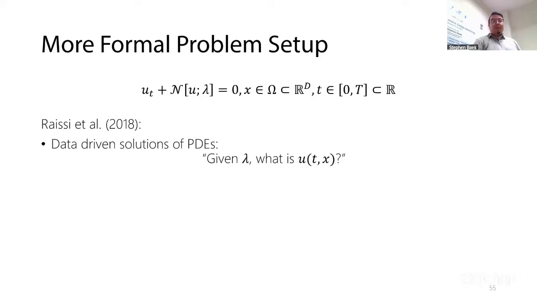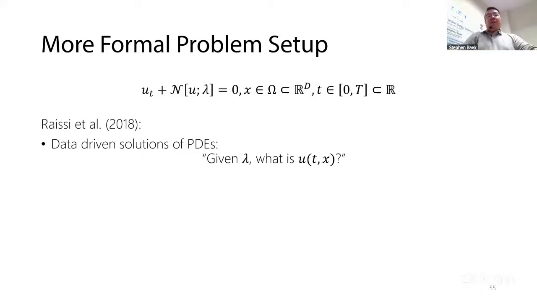All right, so Raissi et al., those are the people who first proposed the physics-informed neural network back in 2018. And in their paper, their actual PINN paper is comprised of two parts. So there are two separate papers, part 1 and part 2.